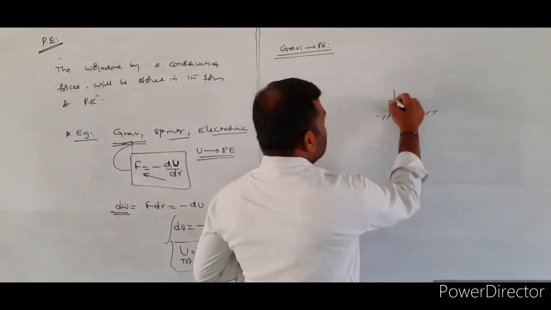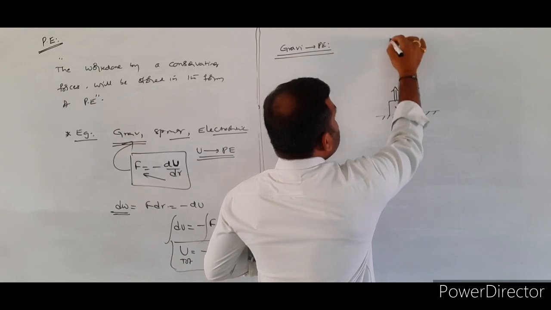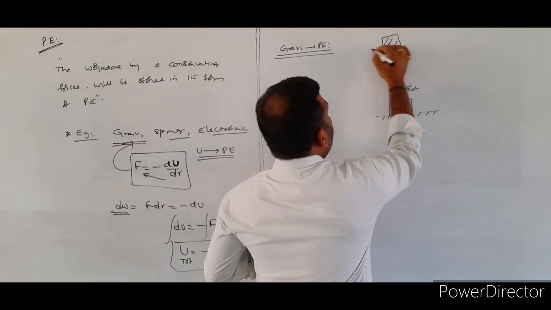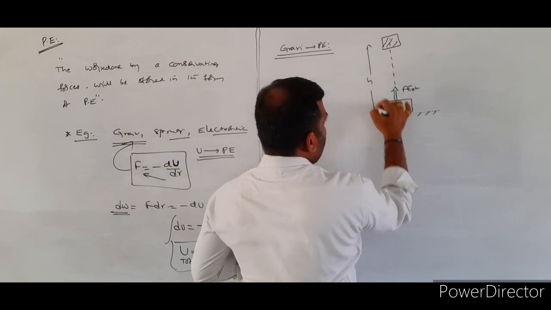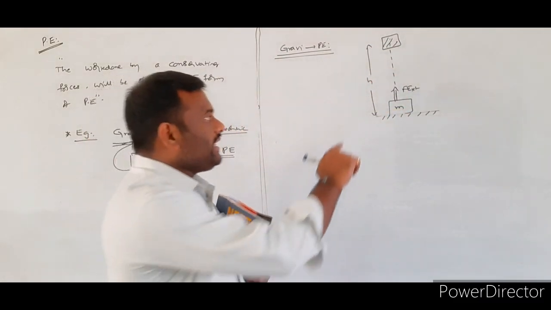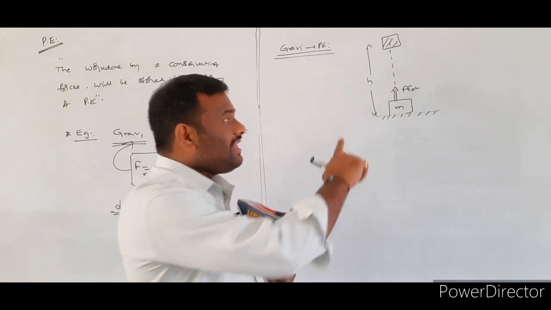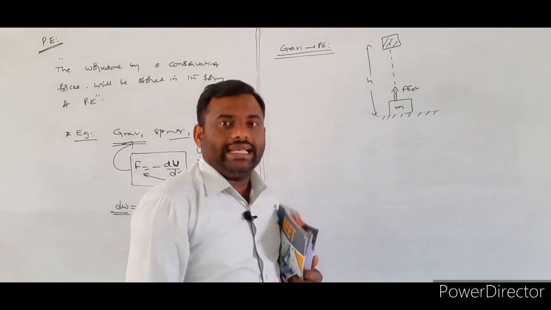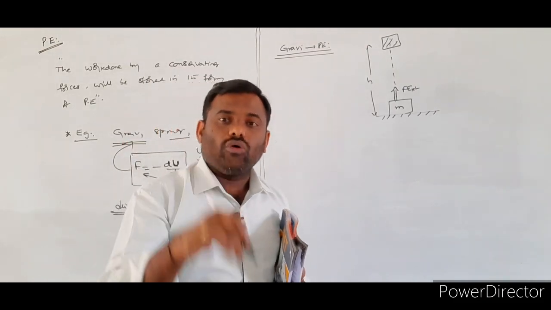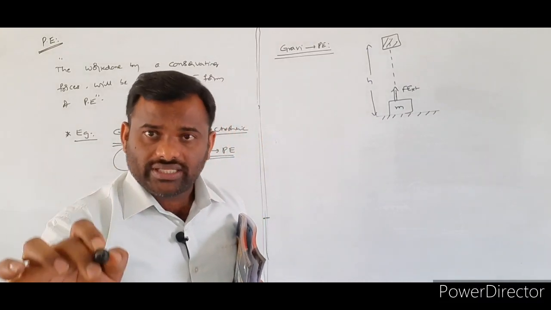By applying some external force, if this block is lifted through a height of small h, whatever the work done by the external force against the gravitational field will be stored in that body in the form of potential energy.